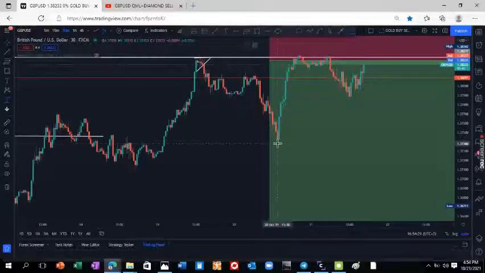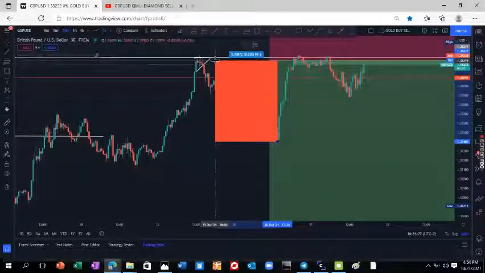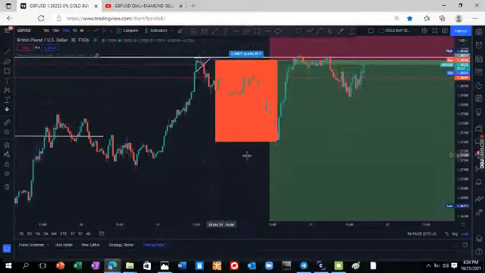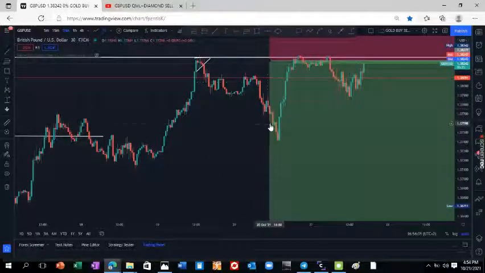Yeah, it dropped up to this level. From here, I entered from right here, almost 85 pips in my favor, and then it went back against me. But I took my profits, I think somewhere here, and then I was like, okay, I can't let the market go against me like that.